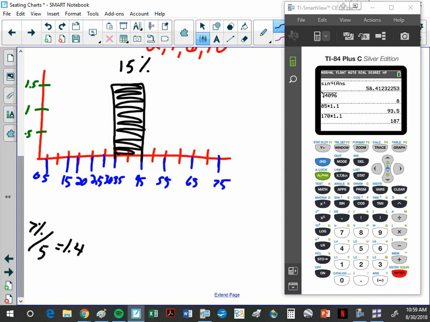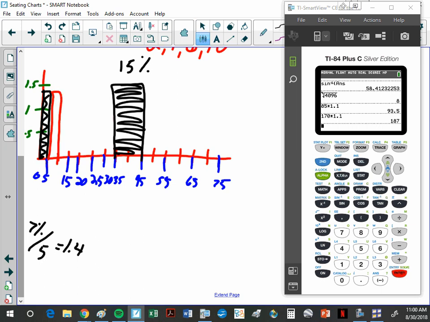Which means this particular block goes all the way up to 1.4. Okay? And then my next class interval is 5 to 15, which has a width of 10, and the area is 14, so what's the height? It's also 1.4.